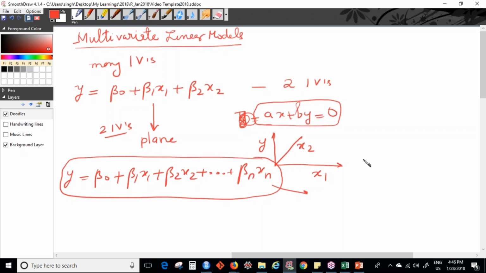That is why we only have a plane. If you include three, what will you call that? We don't have a name for that. It will be some complex structure, but it will still be linear. It will be one dimension more than a plane. We cannot visualize that, but till two dimensions we can visualize.